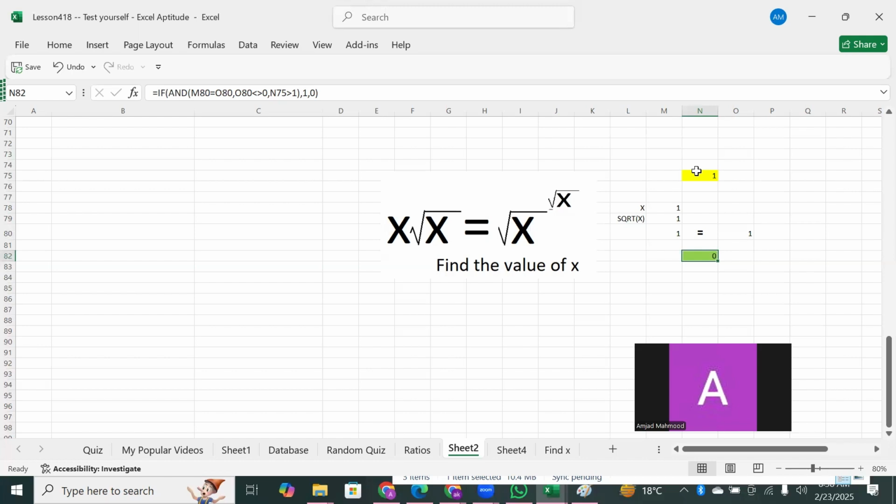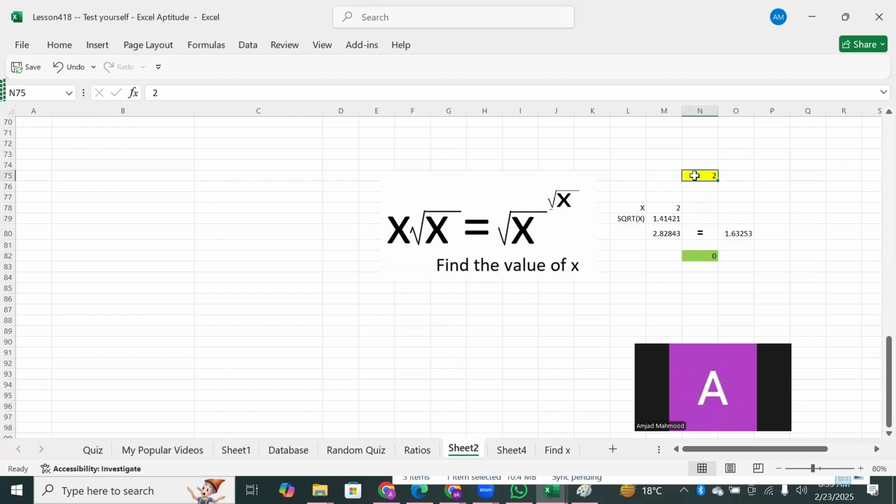So the rule is that x should not be equal to 0 and x should not be equal to 1. Any other value is fine. So we have made the setting ready. Now let's try. If we put a 2 in here, the equation is failing, not equal. That's why it is 0.